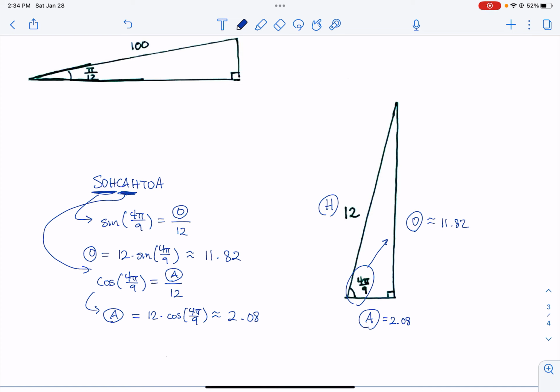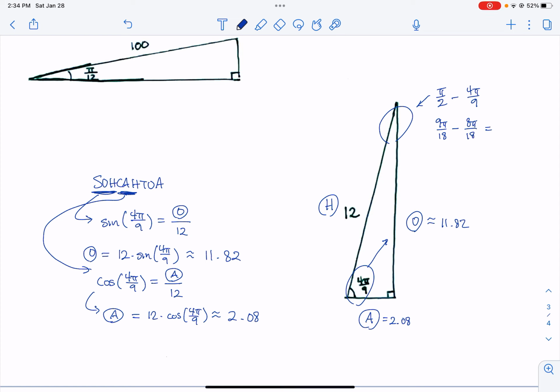And how do I find this angle over here, right? So for that angle, I would take a right angle in radians, which is pi over 2, and then subtract away the 4 pi over 9. And so we'll have to combine these fractions here, right? So this is the same thing as 9 pi over 18 minus 8 pi over 18.